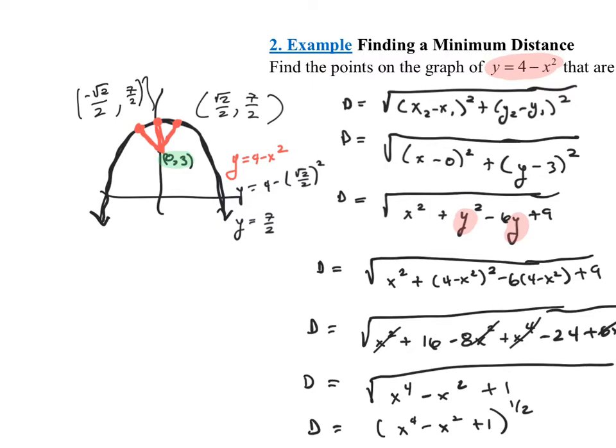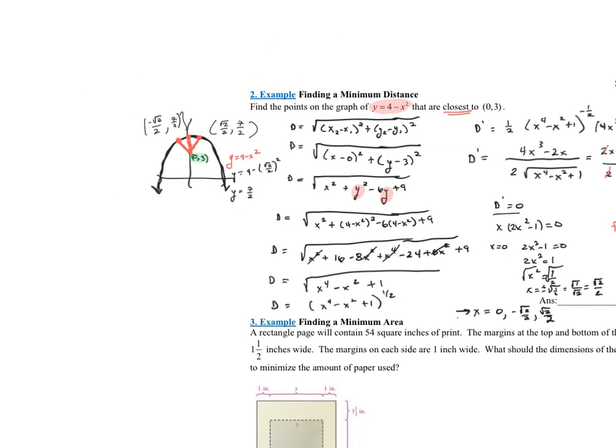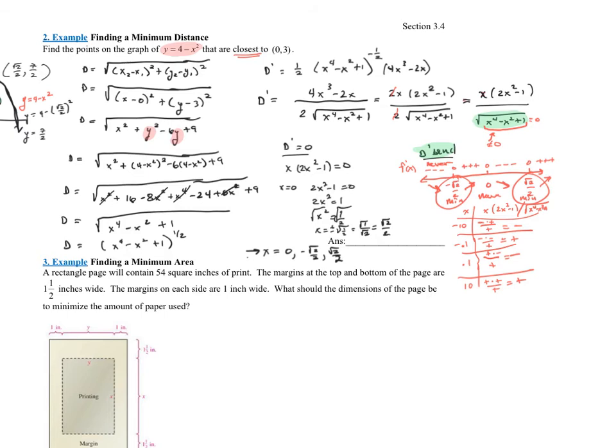So it seems like these are our 2 points that minimize the distance from the point 0, 3 on the graph of 4 minus x squared. A very difficult problem, but please make sure you rewatch this video to figure it out. I have negative root 2 over 2, 7/2, and positive root 2 over 2, 7/2 is the answer to this problem.